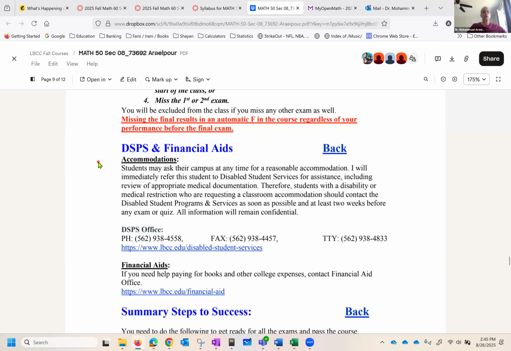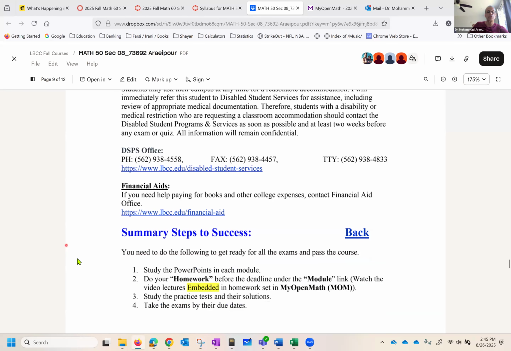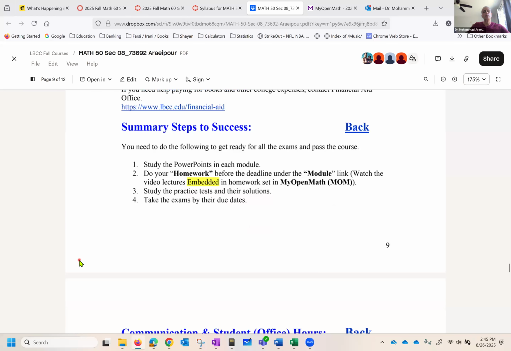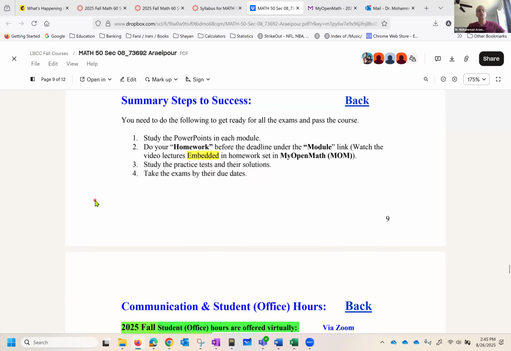There are more websites, such as DSPS and financial aid if you need help. Summary steps to success. Study the PowerPoint in each module. Do the homework before the deadline, of course, and some of the homework have video lectures embedded in the homework. Study the practice test and their solution.